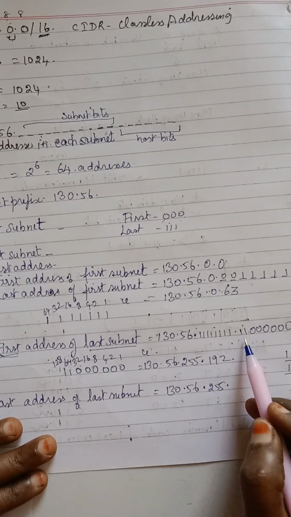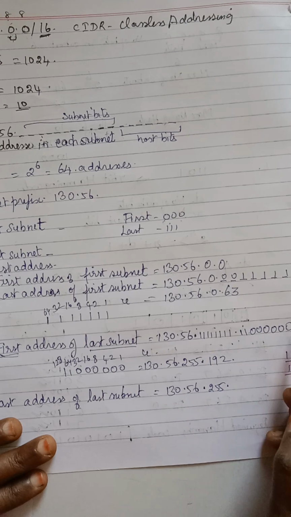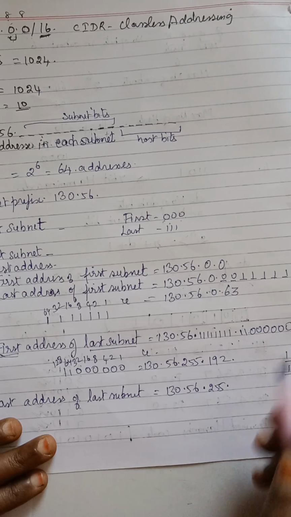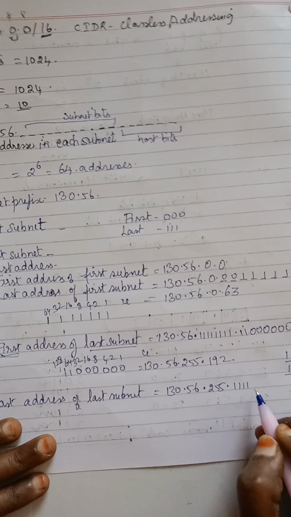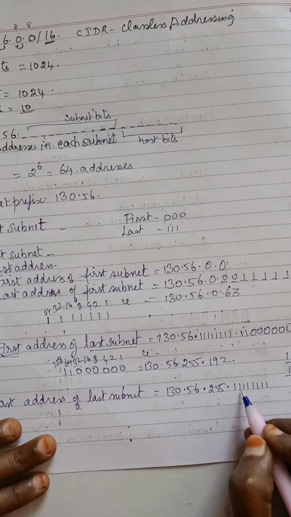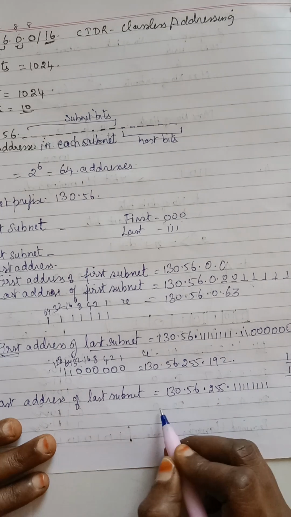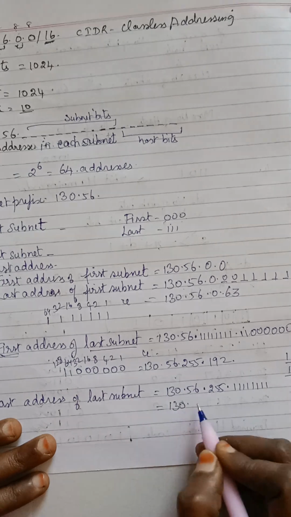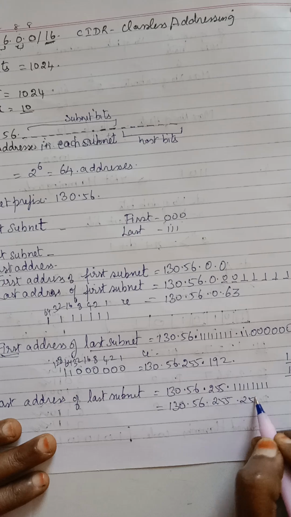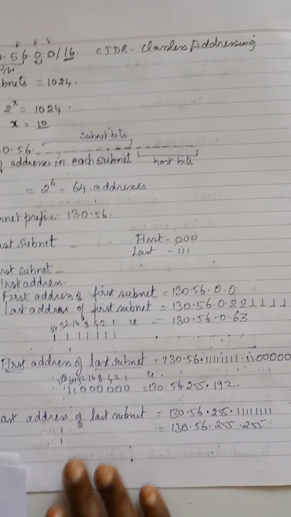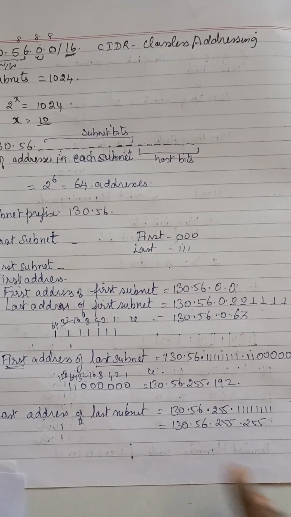Next also this will be all ones. All host bits are ones, so it will be 255.255.255.